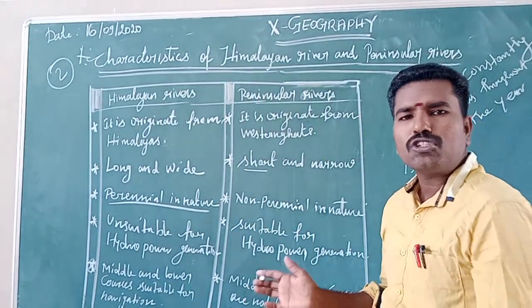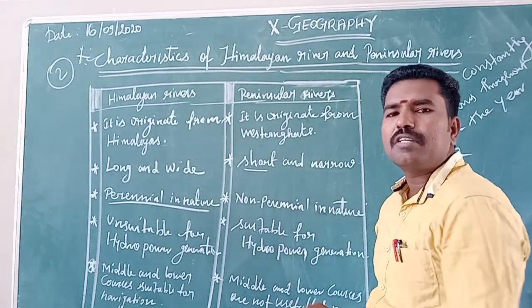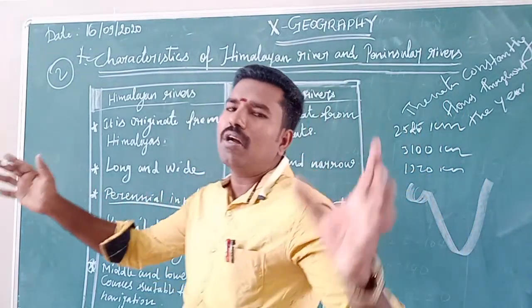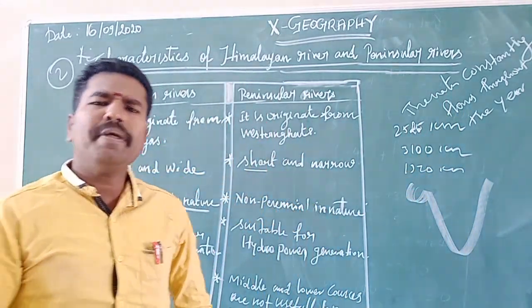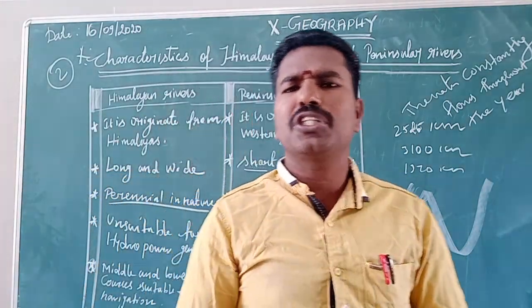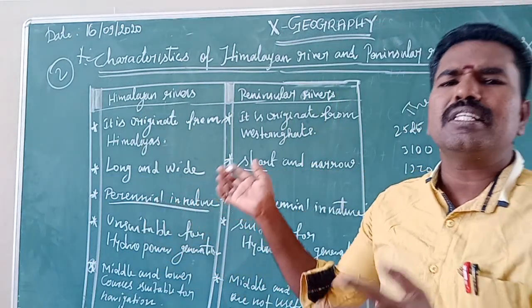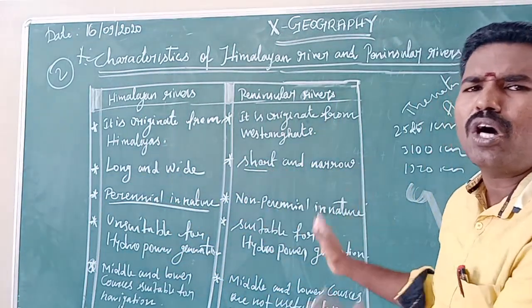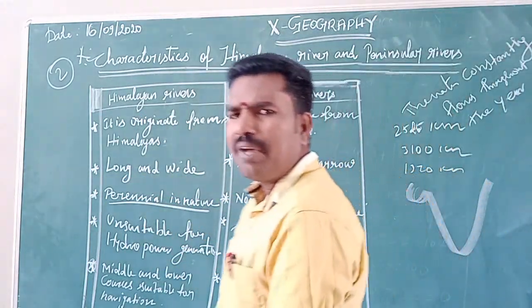Most South Indian rivers are very short, not very long. Many dams and barrages are constructed across the rivers, so these systems are not useful for navigation.